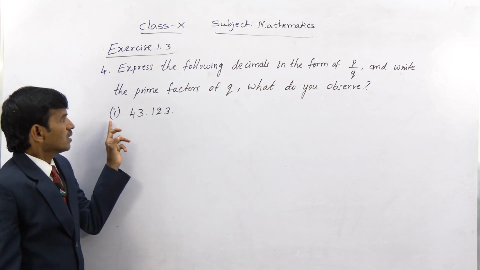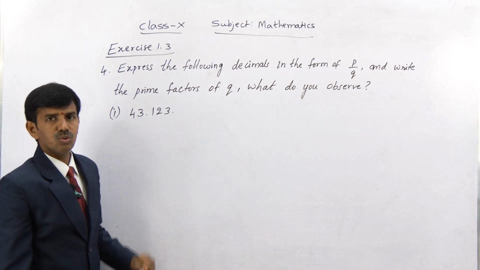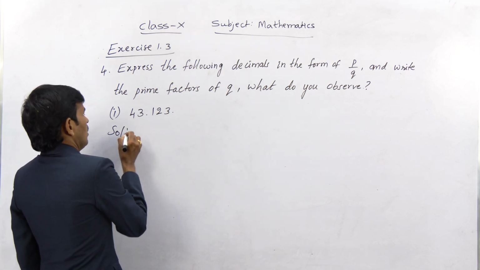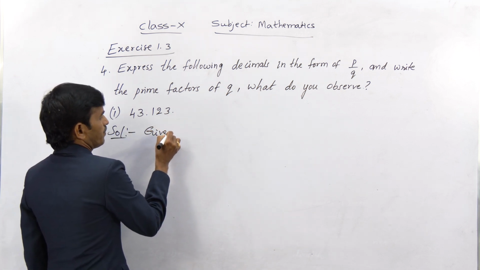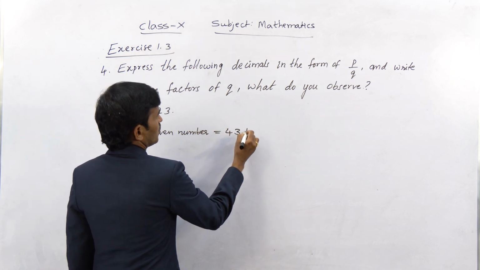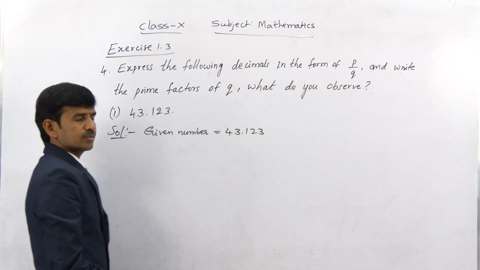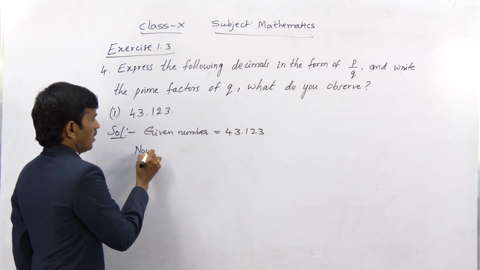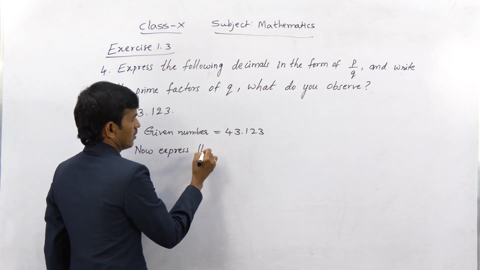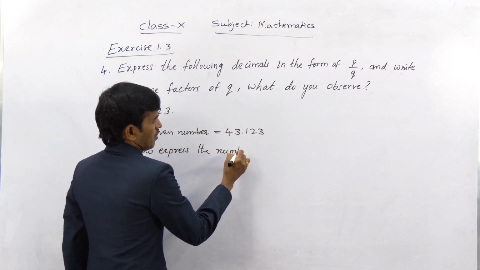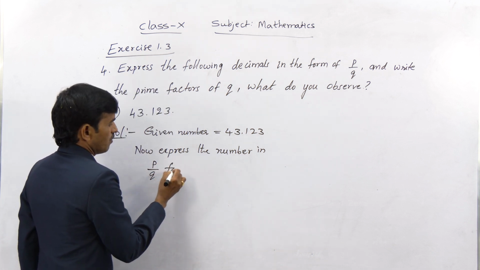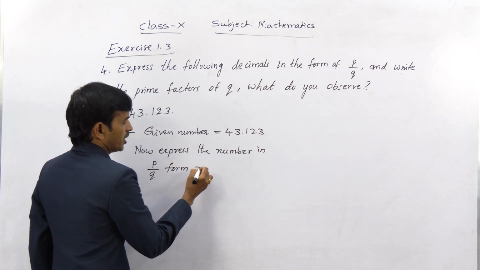So here the given number is 43.123. Now express this number in P by Q form.